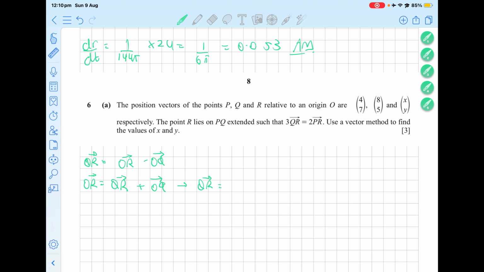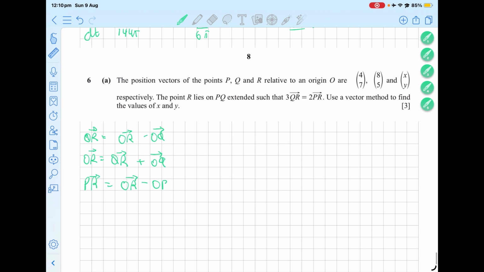Interesting. QR, okay, leave QR for a sec. So now let's try putting PR. So PR is going to be equal to OR minus OP. So OR is equal to OP plus PR.